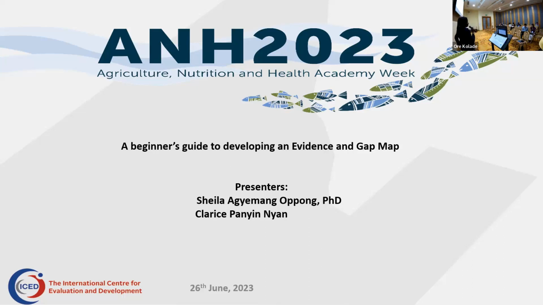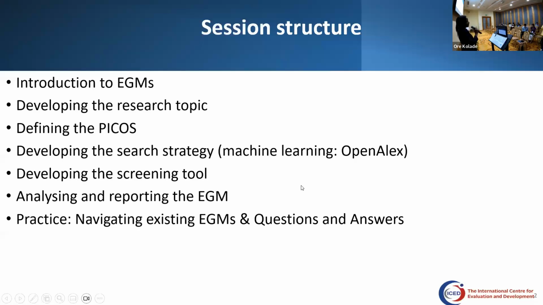In terms of the takeaways we want to achieve at the end of this EGM presentation, we want to be able to go through what an evidence and gap map is, how it looks, and how to navigate through an evidence and gap map. And then we would also look at how to develop research topics when developing these evidence and gap maps.